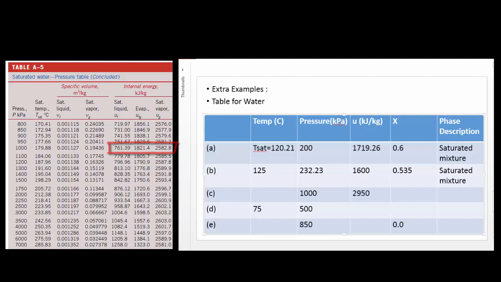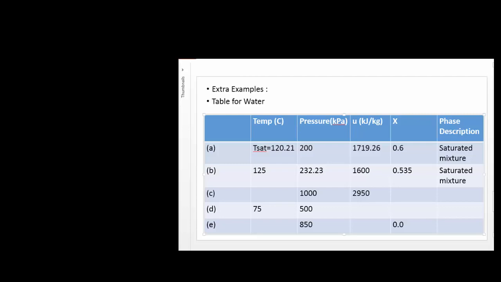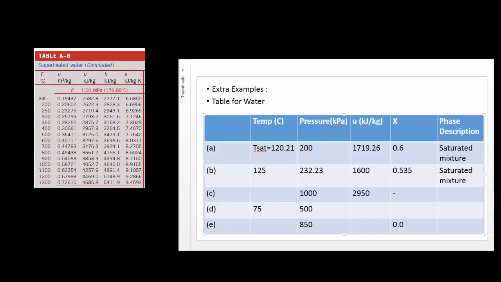So you go to table A6 and look at 1 megapascal. In this case, the X is not available because it's not saturated. So you go to temperature, here is 1 megapascal and the internal energy is 2950.